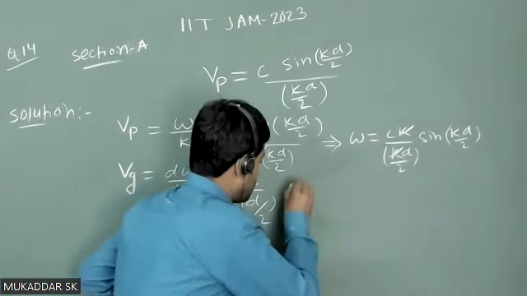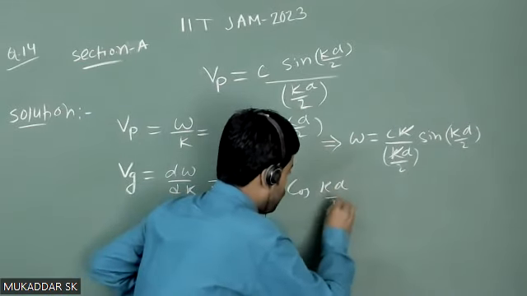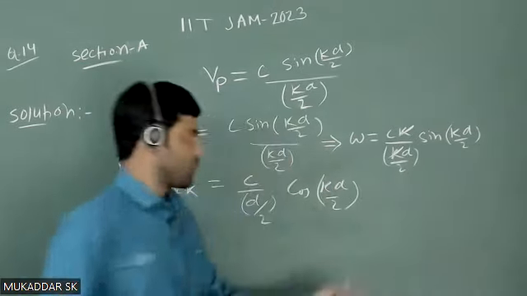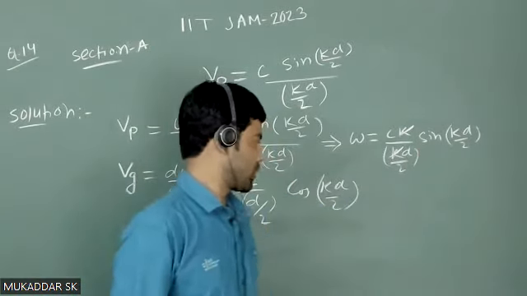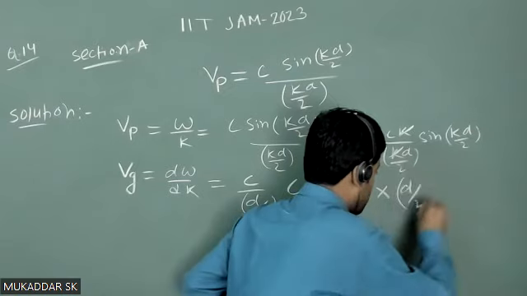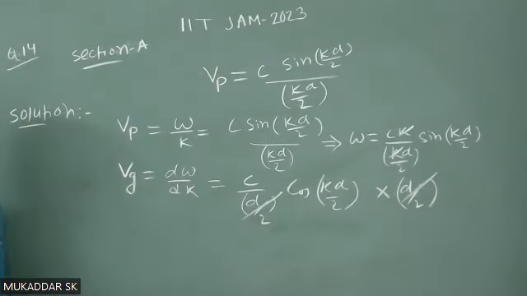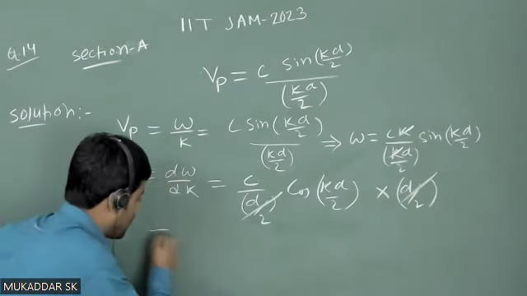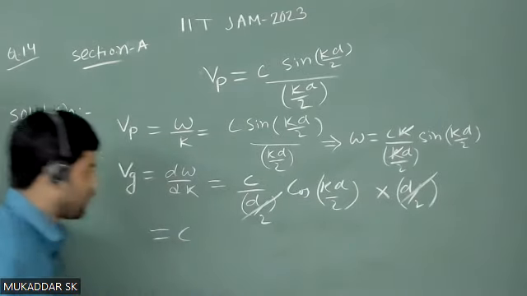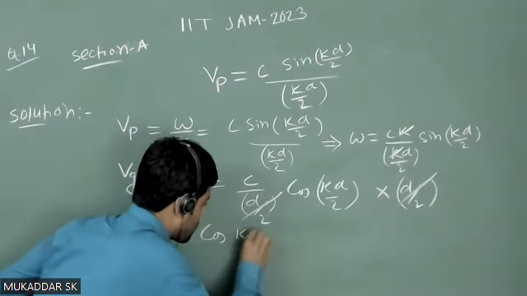So it will be cosine of kd by 2. Then further we have to differentiate kd by 2 with respect to k, and that will provide a d by 2 factor. And this d by 2 will be cancelled with the denominator d by 2. As a result, I'll get the group velocity of this wave, that will be c times cosine of kd by 2.